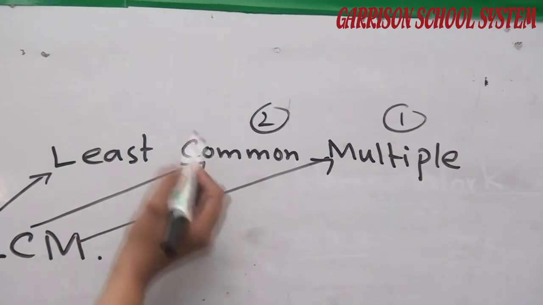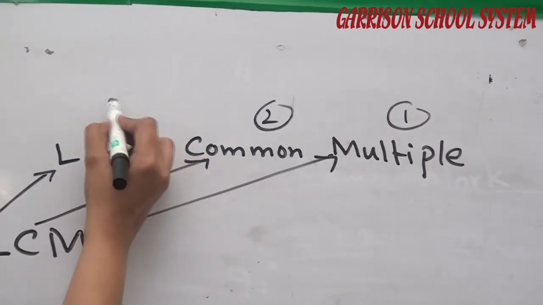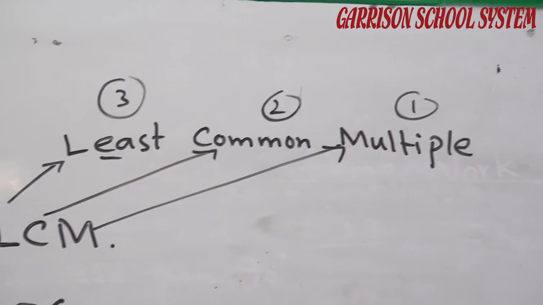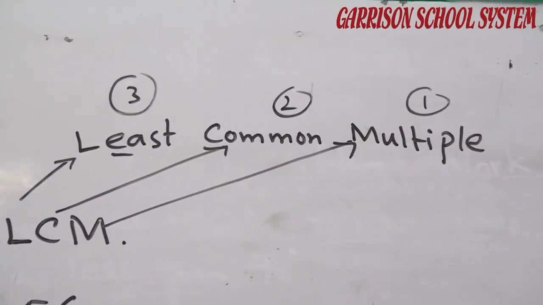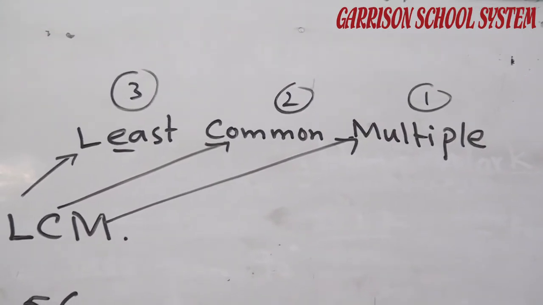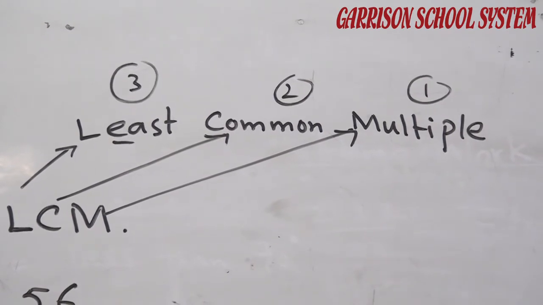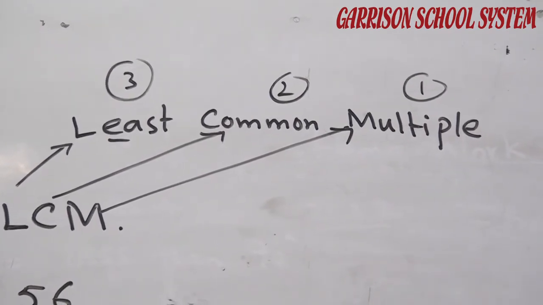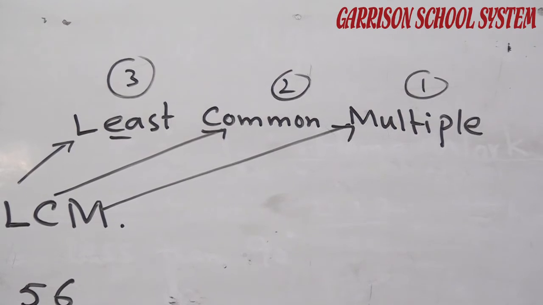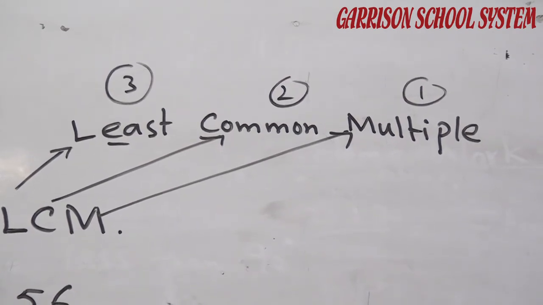After that we have to find out the least common multiple. So first of all we have to find out the multiples. How can I find out the multiples? Let's start. There is another way of finding the multiples, but we will solve it in this way.